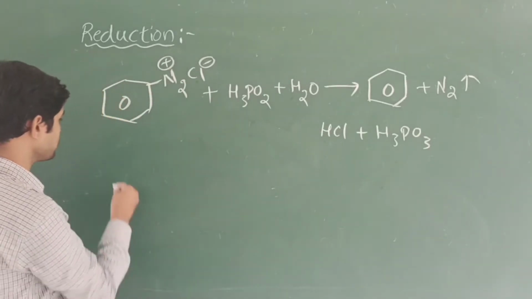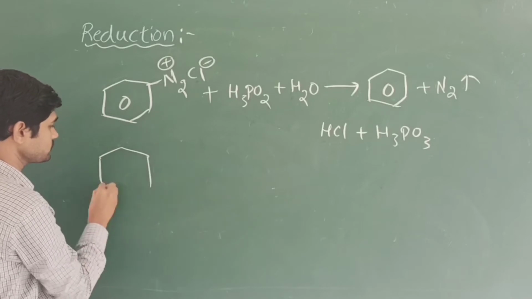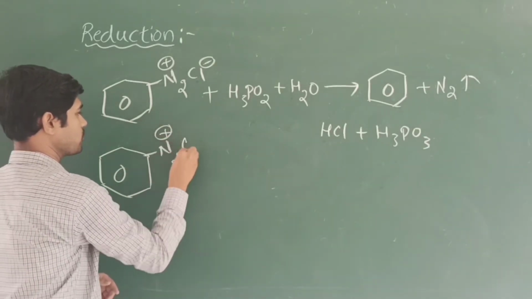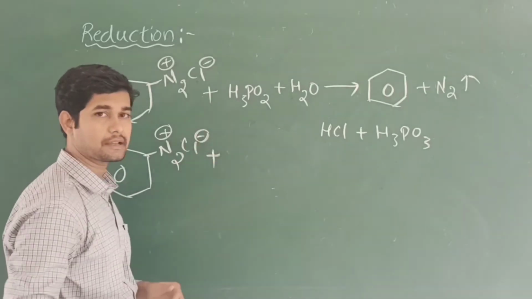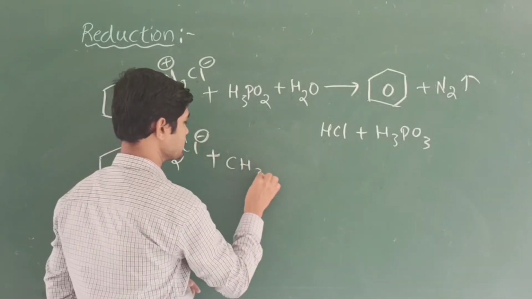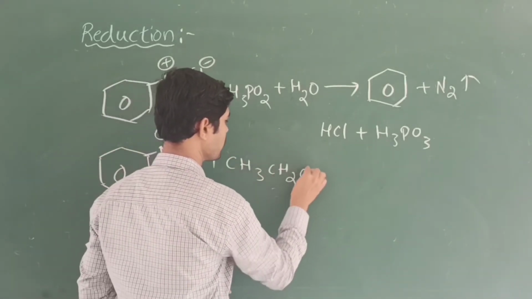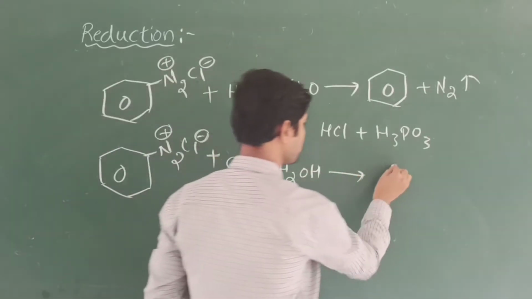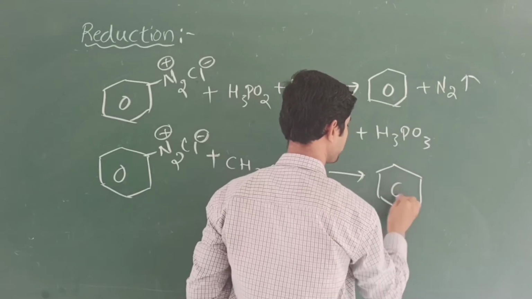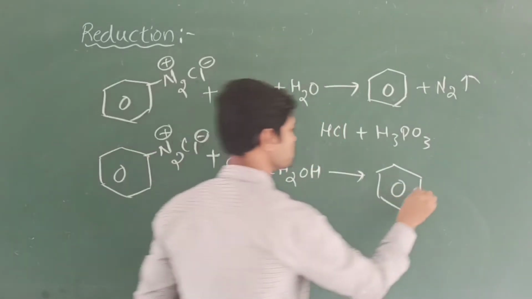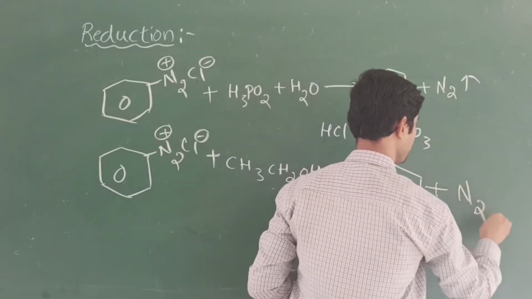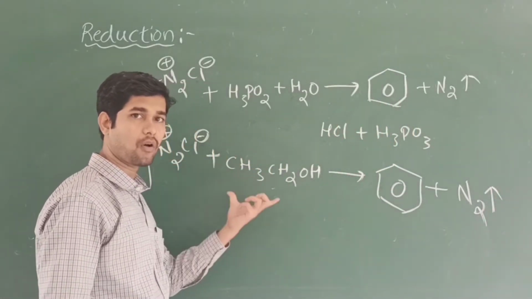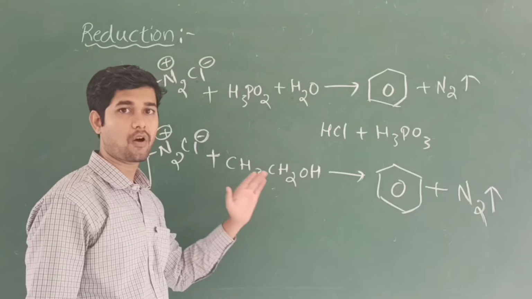We can see one more example using ethanol. This benzene diazonium chloride, now I am going to treat with ethanol. The ethanol formula is CH3CH2OH. What happens? Once again we reduce this compound. Benzene is formed, along with nitrogen gas being eliminated, and the ethanol is converted from alcohol into an aldehyde group, which is called oxidation.